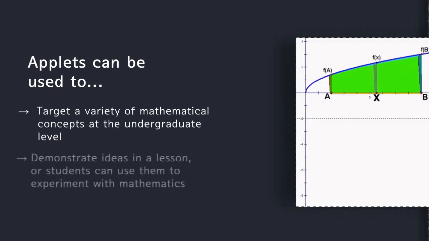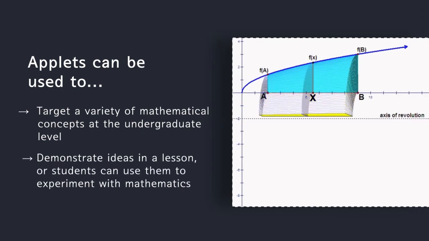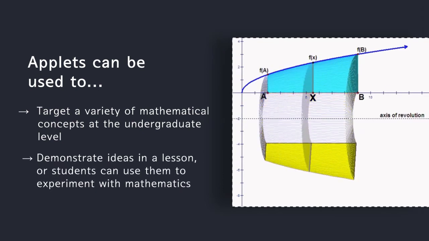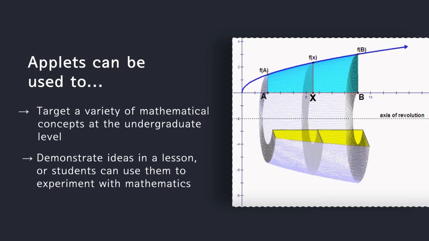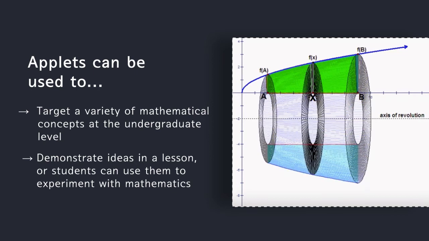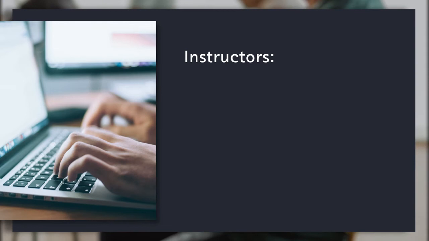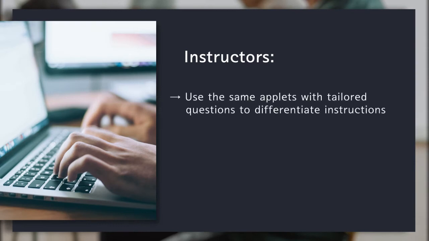They can be used to demonstrate ideas in a lesson, or students can use them to experiment with mathematics. These applets give students opportunities to view or engage with mathematics in different ways, and from different perspectives. So, as an instructor, you can use the same applets with tailored questions to differentiate instruction, basically, to diversify your lessons.